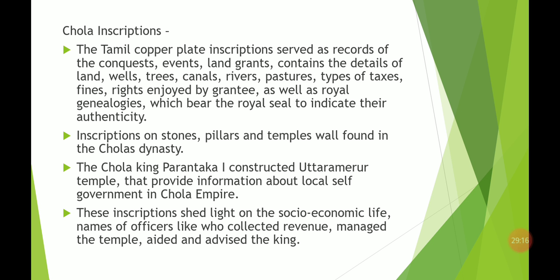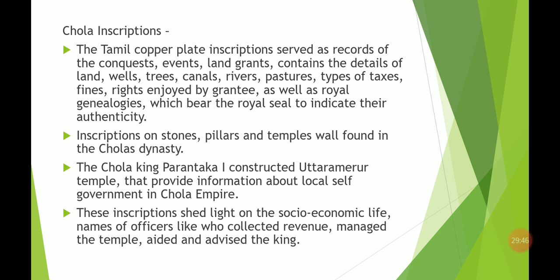These inscriptions served as a record of conquest, meaning the areas the king had conquered are mentioned on those copper plates. Events like ceremonial events, ascending the throne, performing rituals and yagna, or land grants, meaning the land granted to the Brahmins, were also mentioned in the Tamil copper plates.